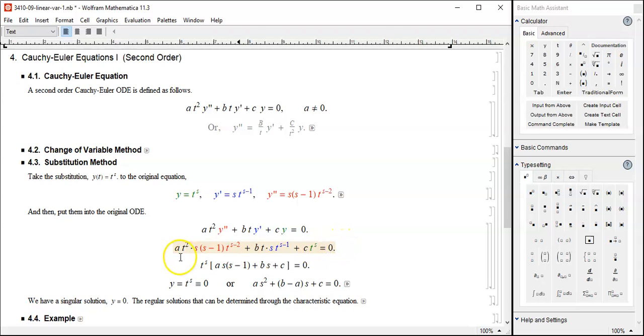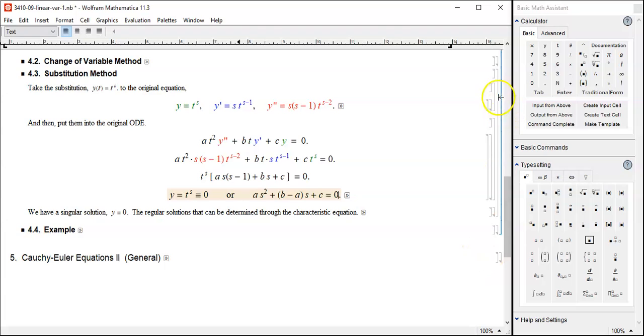Then the second power here kills off this minus 2, the first power here kills off this minus 1, and what happens here? t to the s power is common. And t to the s power times this thing is equal to 0, and this thing over here is actually a quadratic equation. We end up with the characteristic equation of the Euler equation, the Cauchy-Euler equation.